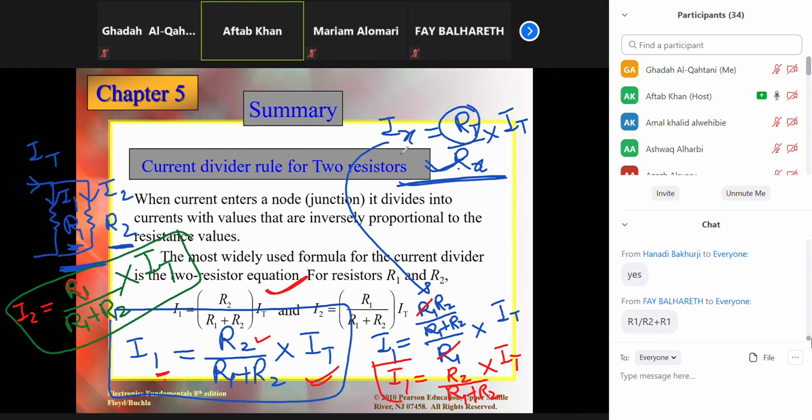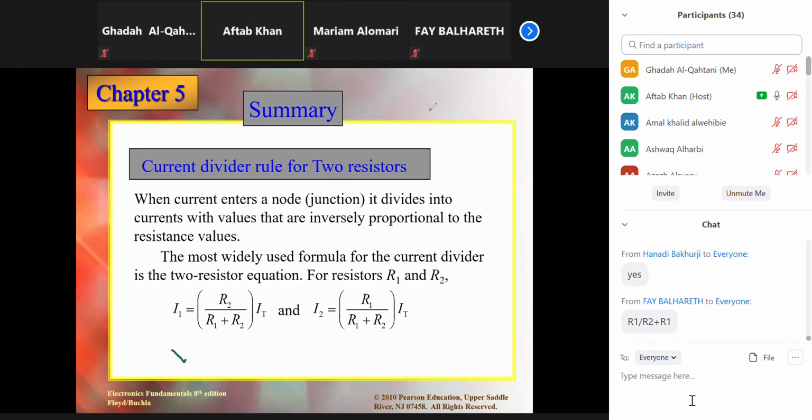Do you remember the voltage divider formula? The voltage divider formula, when two resistors are in series and we can apply voltage divider. What is that? If I want to calculate V1, V1 is equal to R1 over R1 plus R2 multiplied by Vs. You know, this is the voltage divider formula.